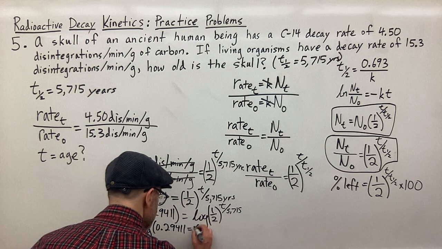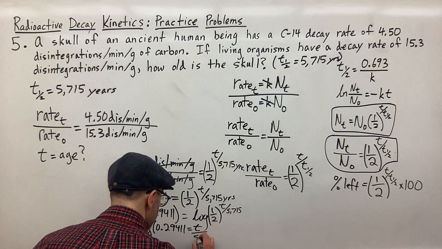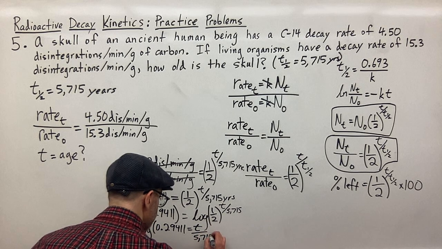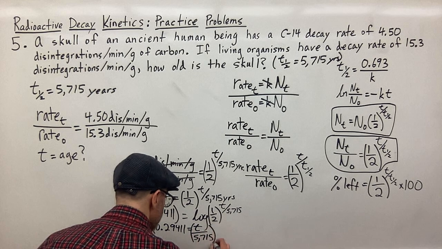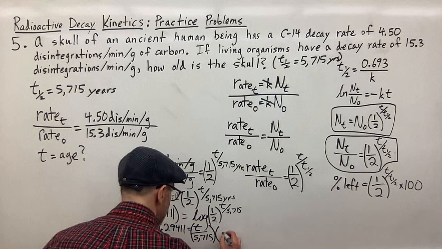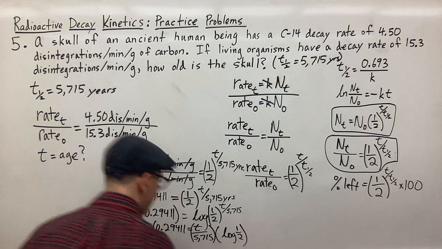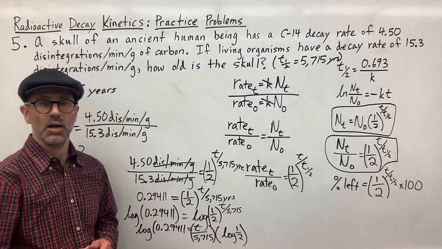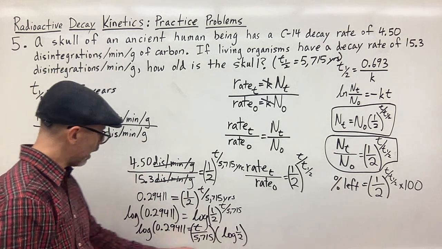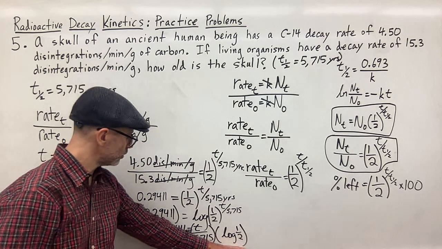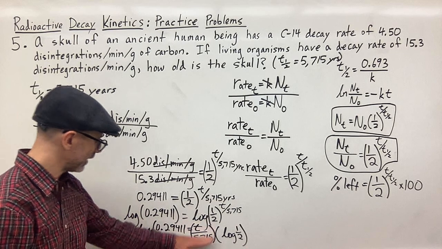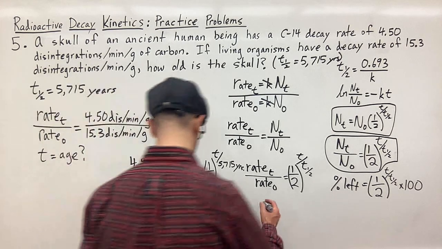So that's going to be t over 5,715, and that's going to be multiplied by the log of 1/2. Okay, so now what I can do is divide both sides by the log of 1/2 and get this by itself.